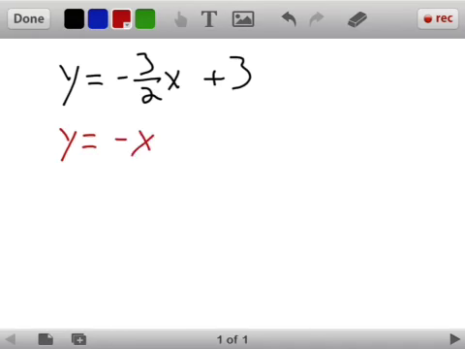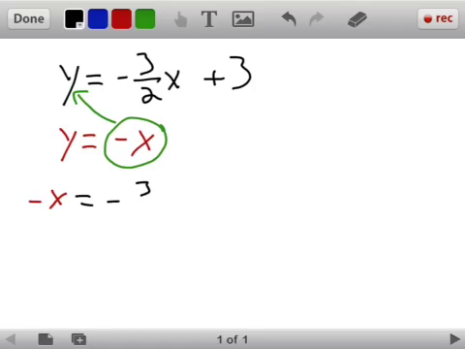So again, we're going to use substitution, and because y equals negative x, I can sub that in for y, and whenever I do that, my equation is going to look like this, and I'll color code it. So we've got negative x, as I put that in for y, equals negative 3 over 2x plus 3.